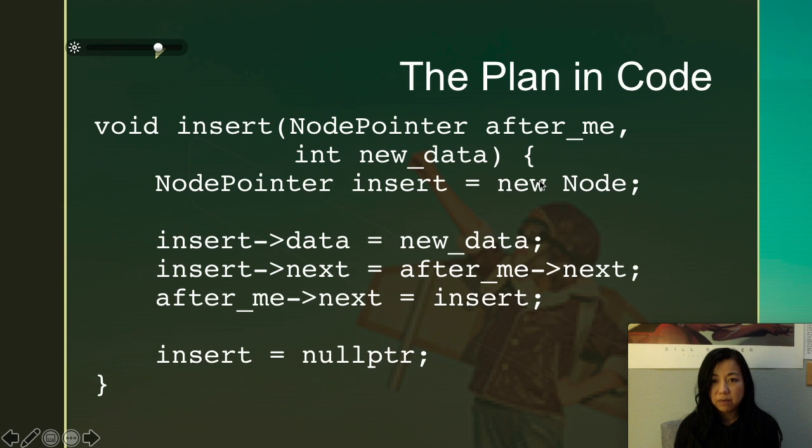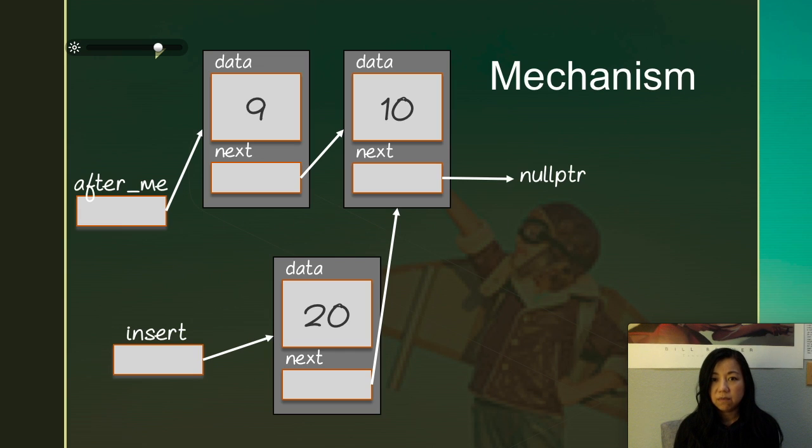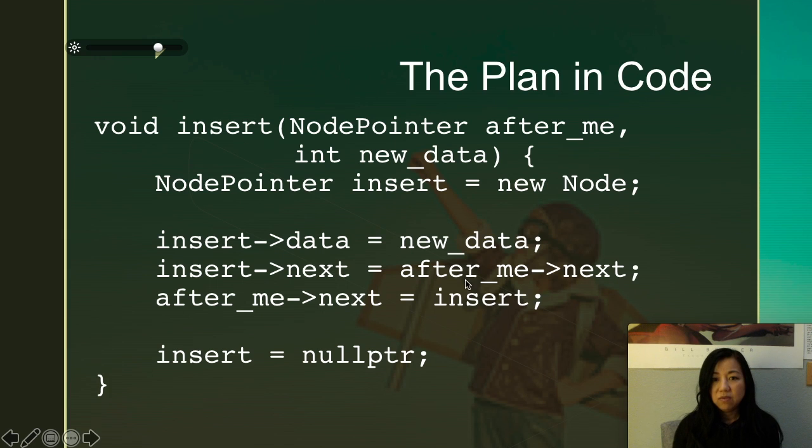Let's see if that happens in our code. So we have this setup. We would insert 20, and then insert next will be equal to after me arrow next. So after me will be pointing to this data, and after me arrow next will equal null pointer, and so it will just set insert arrow next to null pointer, which is fine.